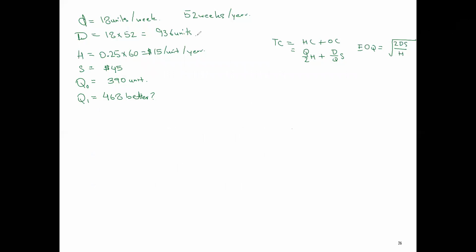Okay. So basically, this is essentially what the entire question is, right? We have the annual demand, we have the holding cost per year, we have the ordering cost, which is $45. Right now, our ordering quantity is 390. And what they're saying is, for an ordering quantity of 390, what is the total cost? So I'm just going to call it total cost 0, total cost naught, because I wrote Q naught here.